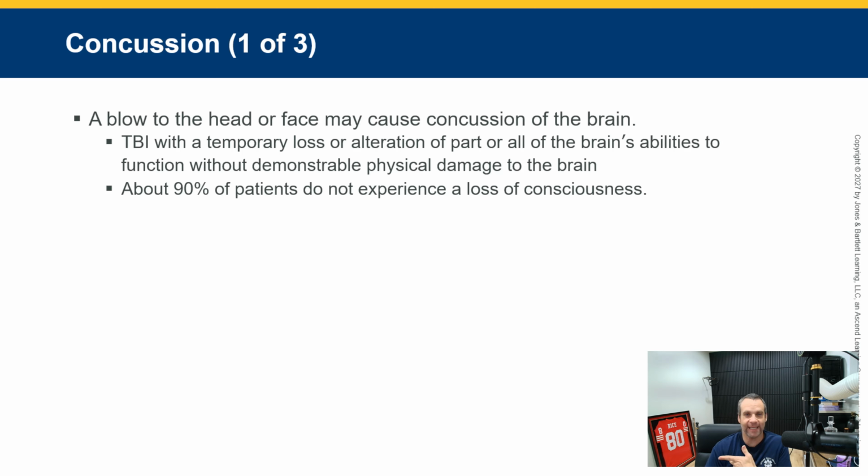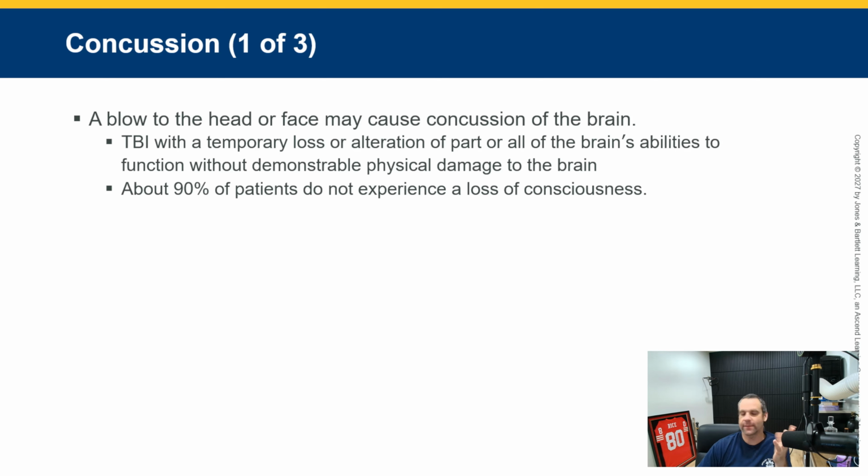Okay, so the patient can be dazed, confused, kind of slow to respond. There's really a laundry list of issues that could arise from a concussion. You could have sensitivity to light, nausea, vomiting, tinnitus, so it's ringing of the ears.